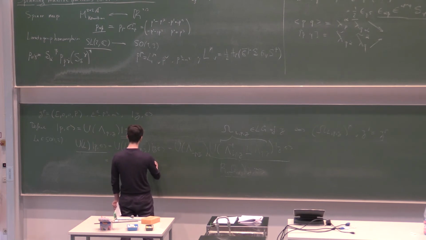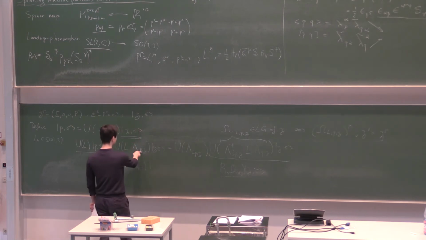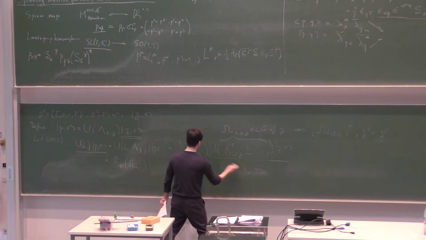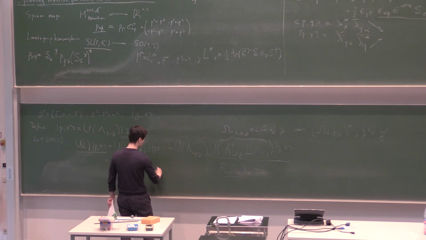This transformation boosts from zeta to Lp, so it becomes a state Lp by definition, tau.